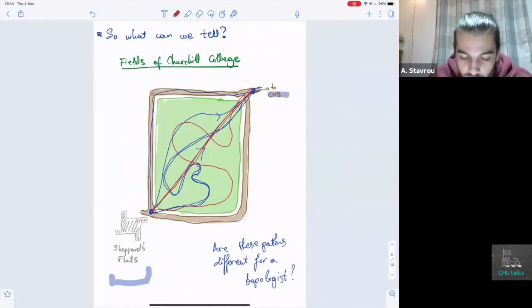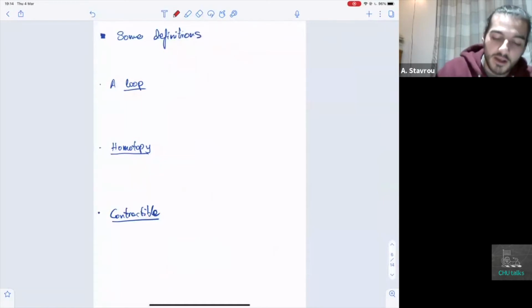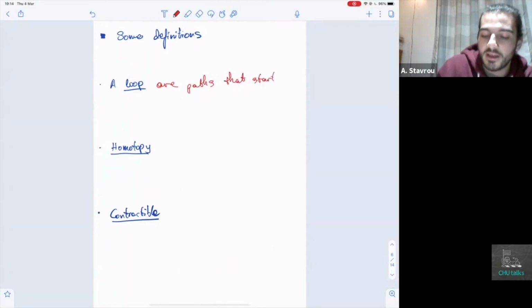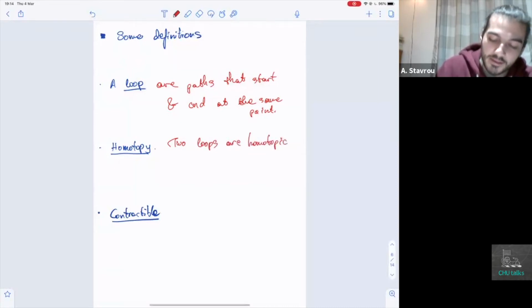For the sake of the argument, it's better to think about paths that start from here, go, and then come back. Okay? So loops are paths that start and end at the same point. And we say that two loops are homotopic if they can be deformed to one another.